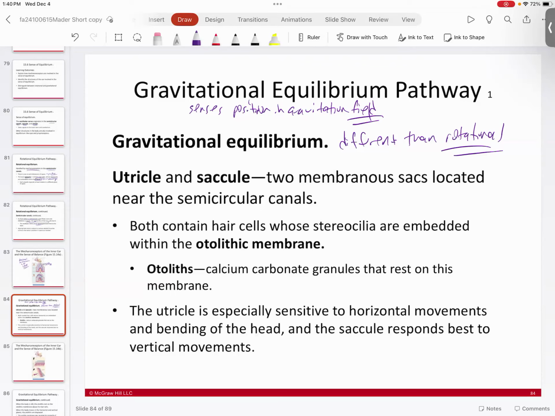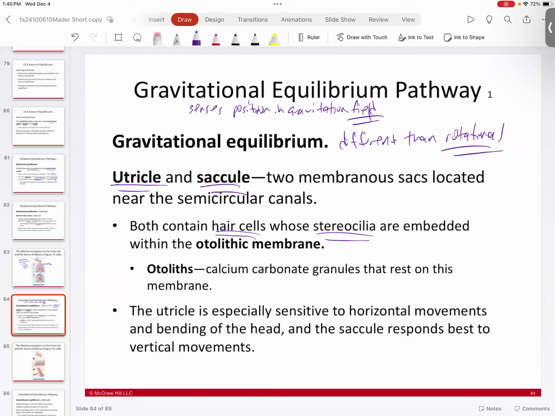That gravitational sensation is going to be happening in the vestibules, which are the utricle and the saccule. These are little pouches that are underneath these semicircular canals. They also contain hair cells that have stiff stereocilia embedded in them.